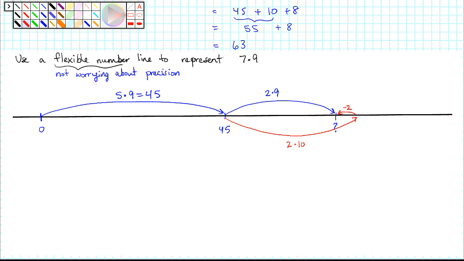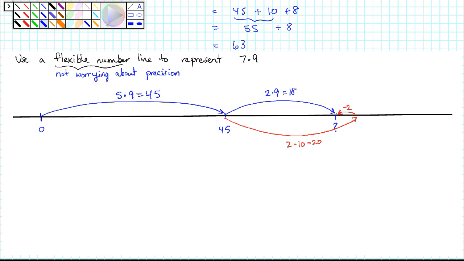And that's going to give me 2 times 9. 2 times 10 is 20. So this gives me, let me put this in here.